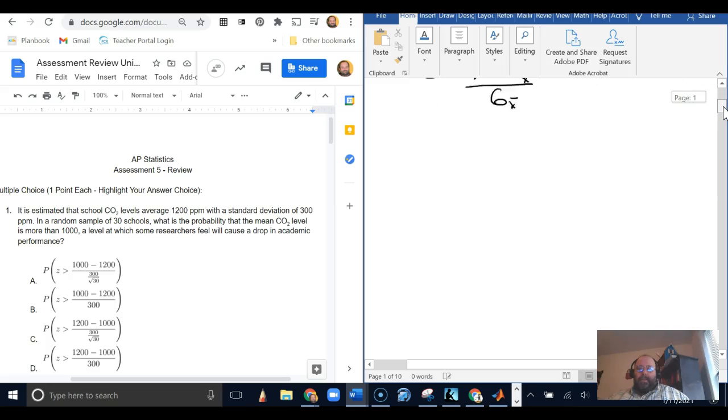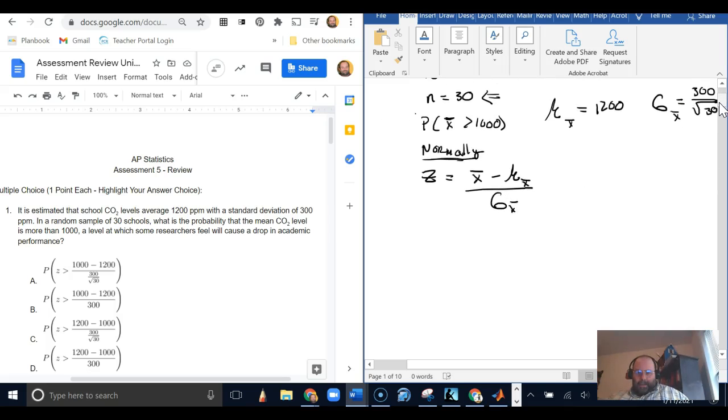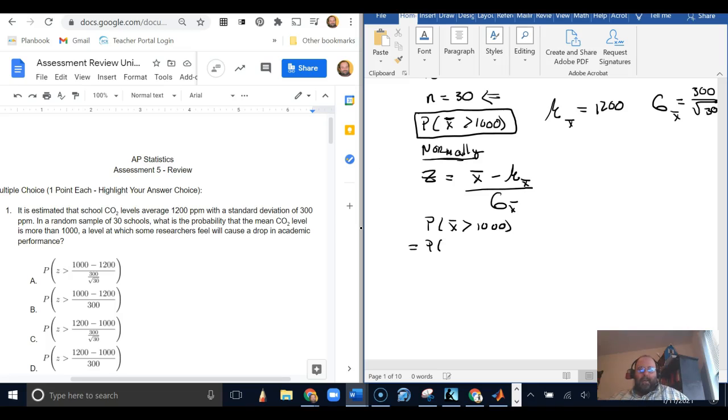So if I think about P of x bar greater than 1,000, this should be the same as x bar minus the mean of the x bars greater than 1,000 minus the mean of the x bars. So it's just subtracting from both sides of the inequality.